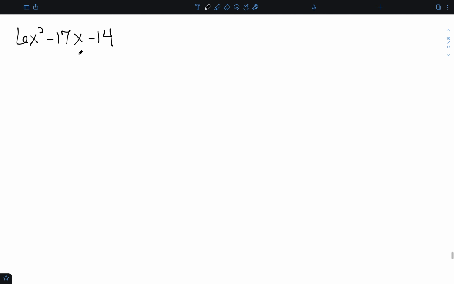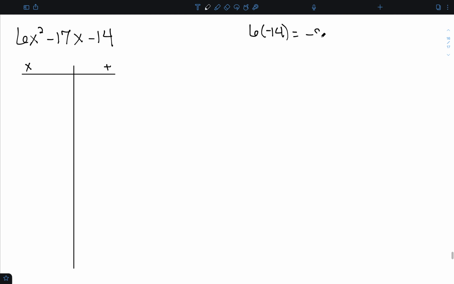Let's look at 6x squared minus 17x minus 14. So I'm going to go ahead and draw my table. My first step would be to multiply a, which is 6, times c, which is minus 14. And that gives me negative 84. So I need to think of all the numbers that multiply to be negative 84. 1 times negative 84, or negative 1 times 84.